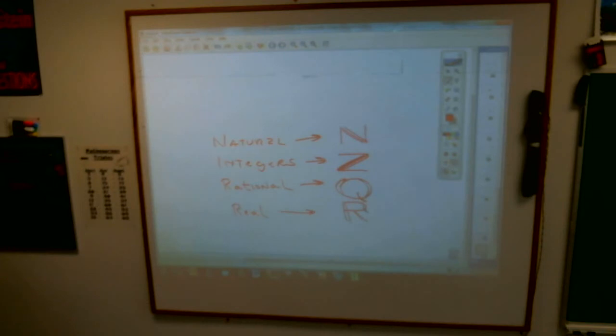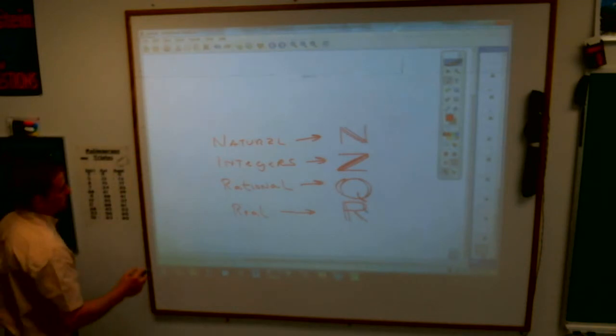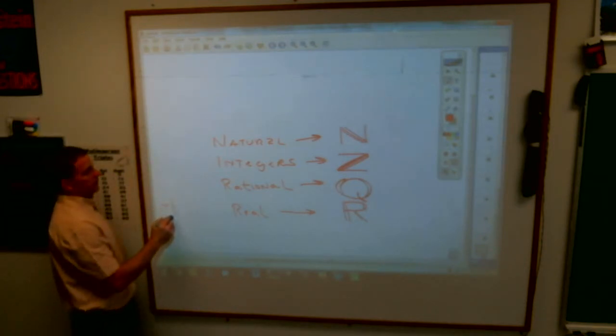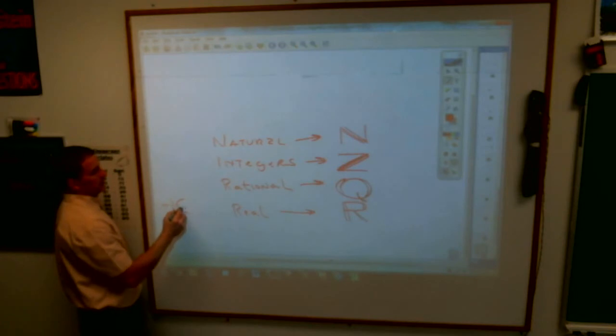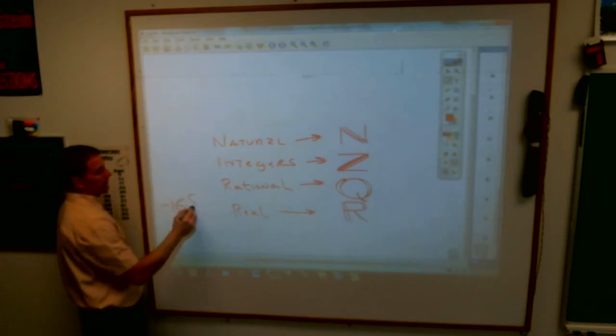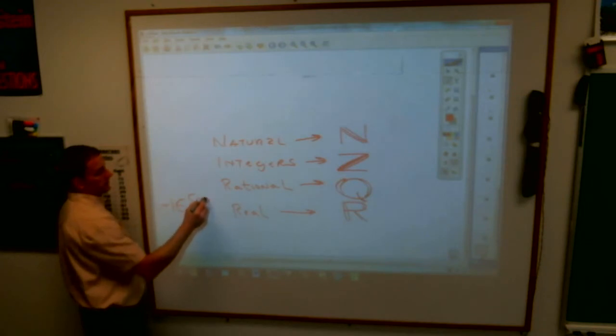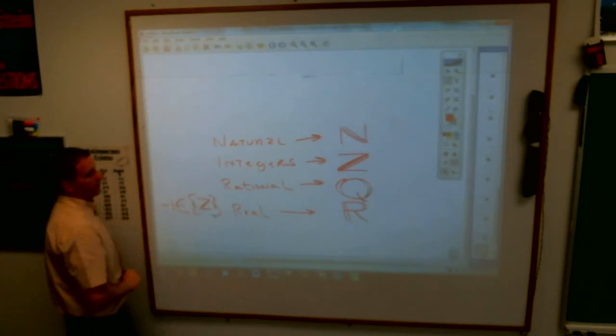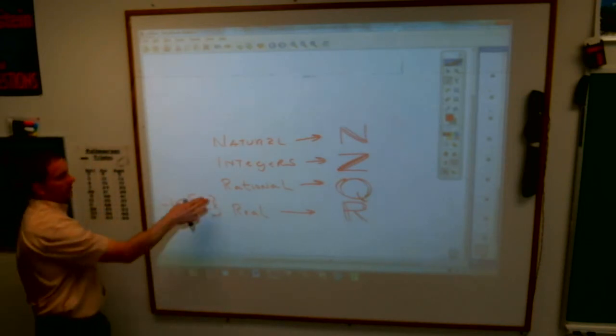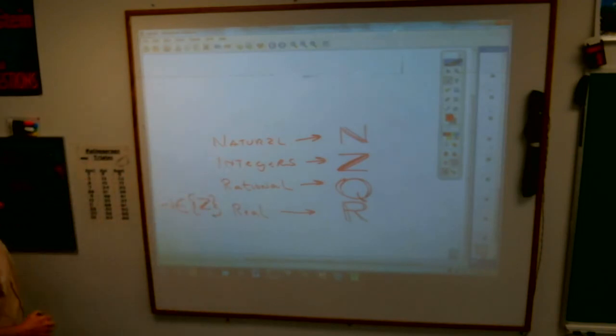Look at letter A. It says to indicate that if the number is an element of the set of integers. So for letter A, is -1 an element of the set of integers? How would you write that? -1 is an element of the set of what? Integers. So you have to put that letter Z there and do this. That is what you would write down.